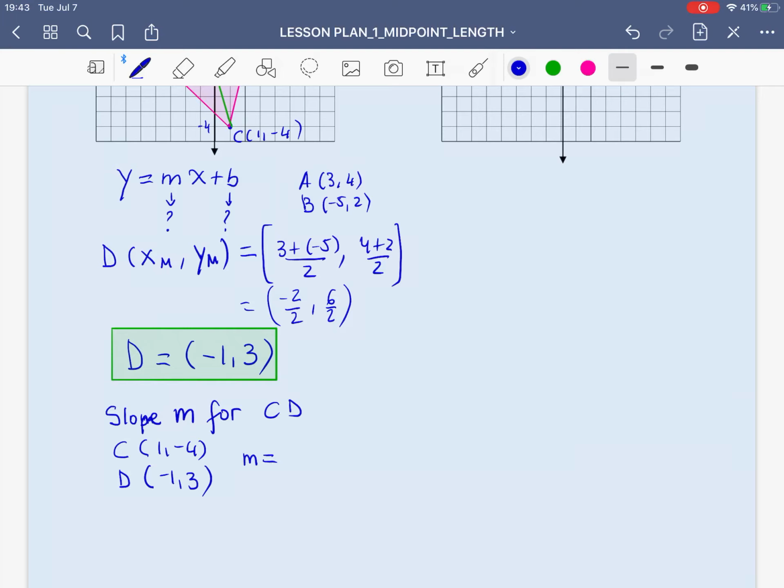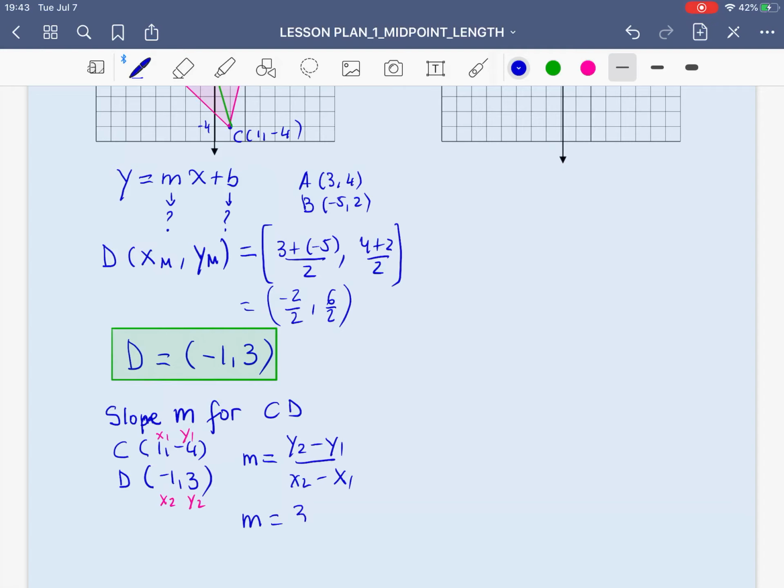So the slope would be delta y, or y2 minus y1, over x2 minus x1. So here we go again, y2 minus y1, x2 minus x1.